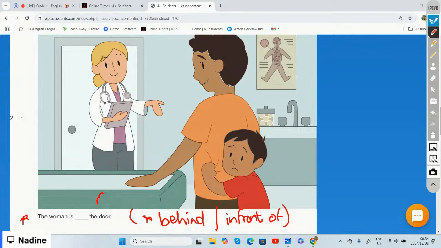And if we were to select the preposition, then we can say that the woman is in front of, because remember, she's basically just standing in front of the door.